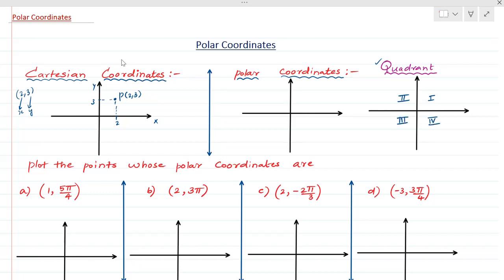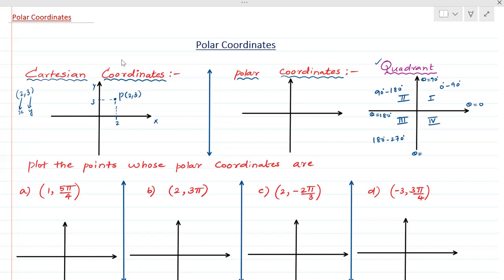In the first quadrant, theta ranges from 0 to 90, and this line is 90 degrees, exactly the right angle. In the second quadrant, theta ranges from 90 to 180. In the third quadrant, theta ranges from 180 to 270.